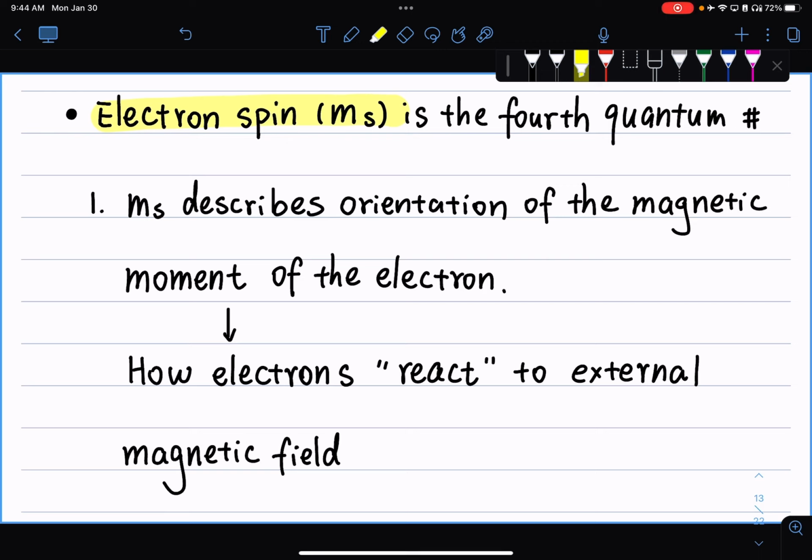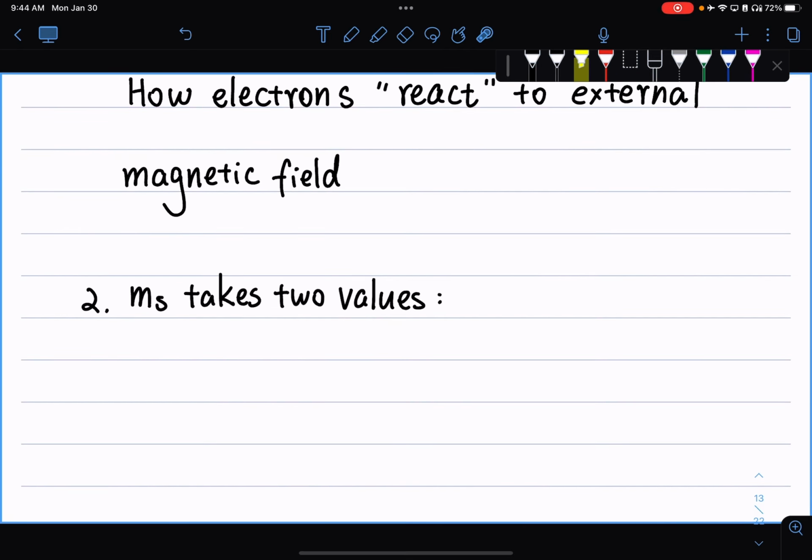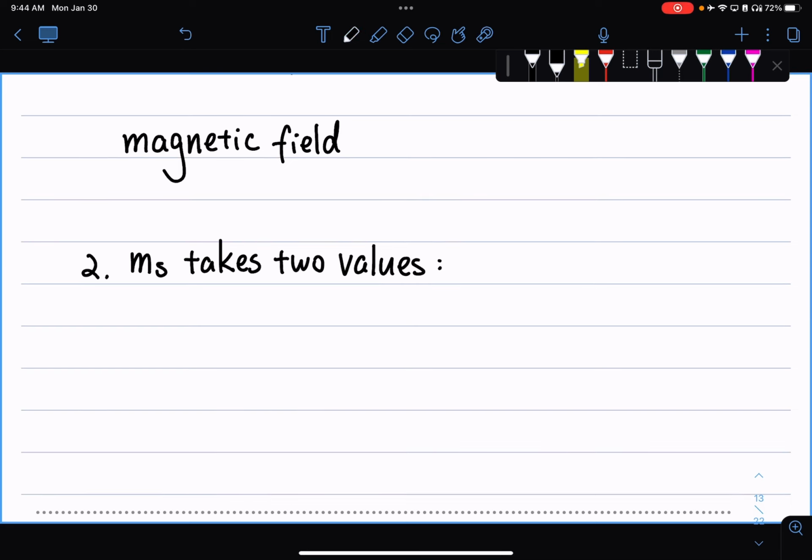The physical meaning of electron spin is that it describes the orientation of the magnetic moment of the electron. If that doesn't make sense to you, what it means is how the electron reacts with external magnetic fields. In this case, your electron spin can take two different values.